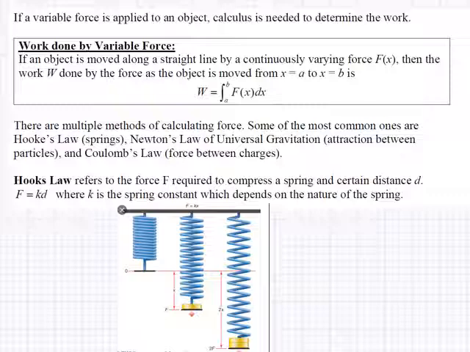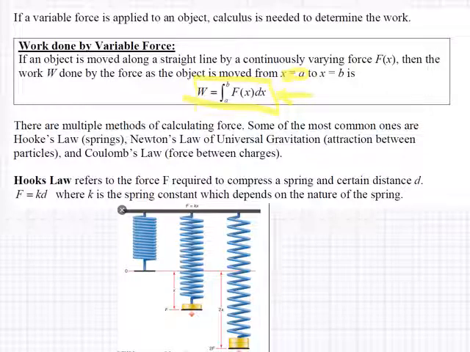Well, the way we could calculate the work done by force is exactly with this integral right here. So this integral from A to B of the force F(x) dx is a very easy way for us to calculate the work done with a variable force, but still in a linear motion.